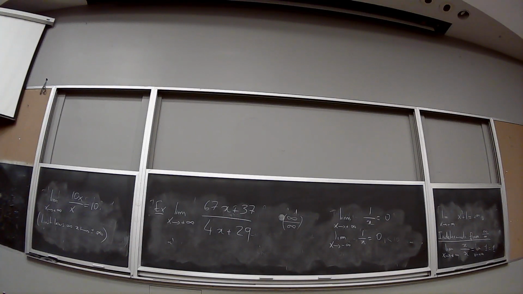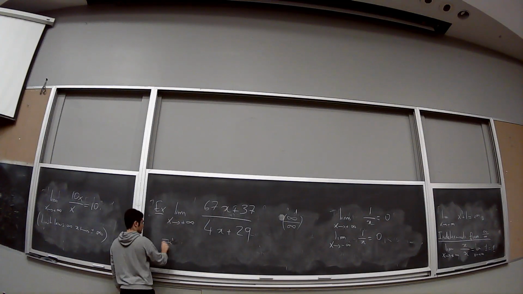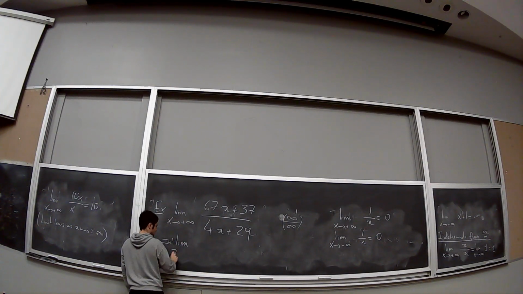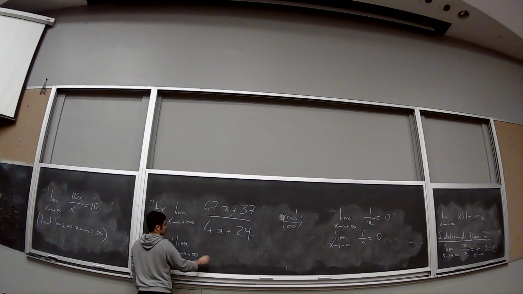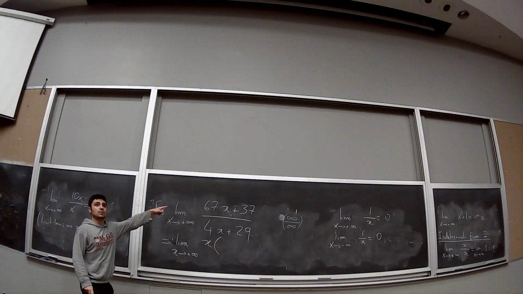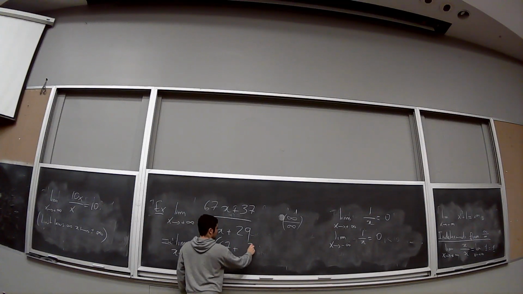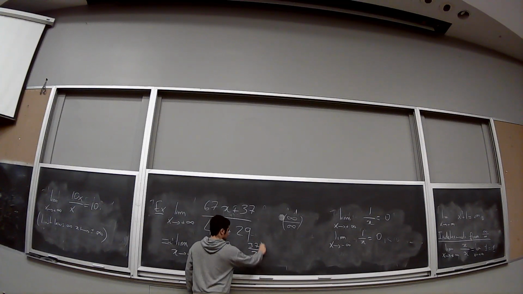X. So let me take an x out. If I take an x out, what do I get? 67 plus 37 over x.